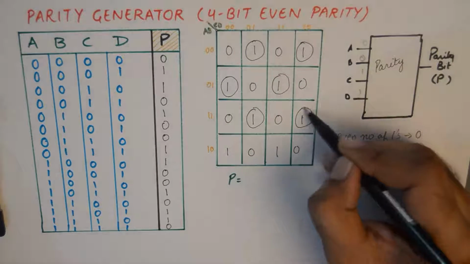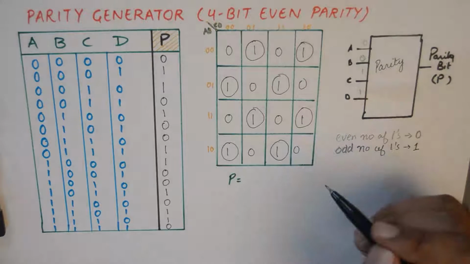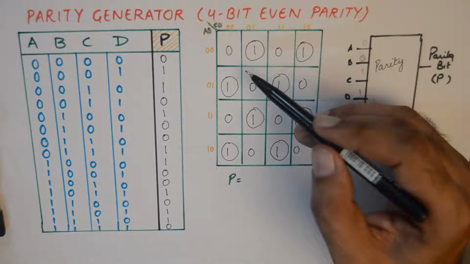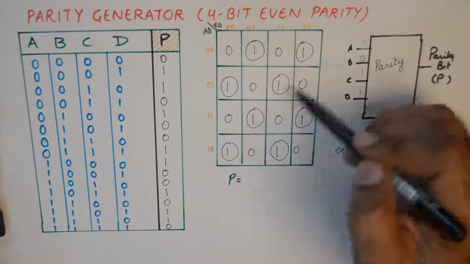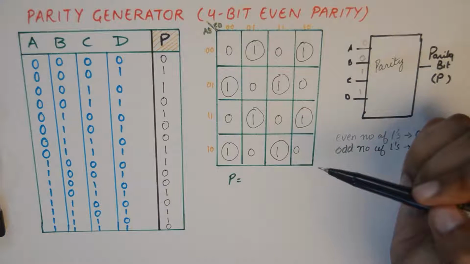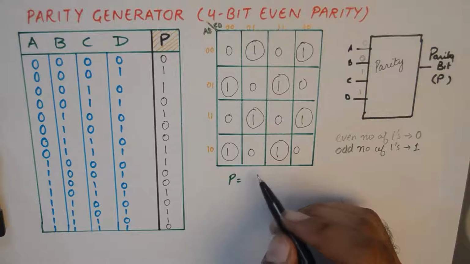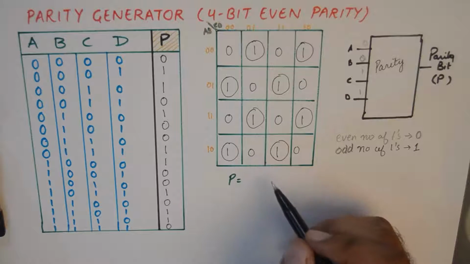So all these ones will produce a unique product term, and moreover, if the ones in the K-map occur in diagonal positions like this, then we can simply write the output expression of such a K-map to be the XOR of all the inputs.